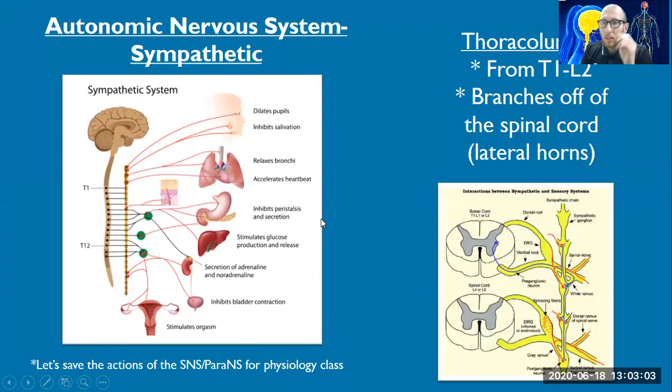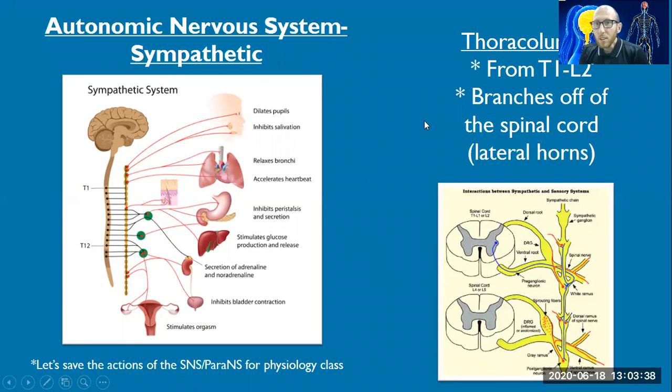And now we're going to look at some importance of those horns. So remember we said dorsal horn, lateral horn, and ventral horn. Now you'll notice when we're talking about the sympathetic nervous system, fight or flight, you might be asking yourself, where does this originate when you see that bear or a car almost hits you or whatever, and your body just goes into this sympathetic nervous system response?